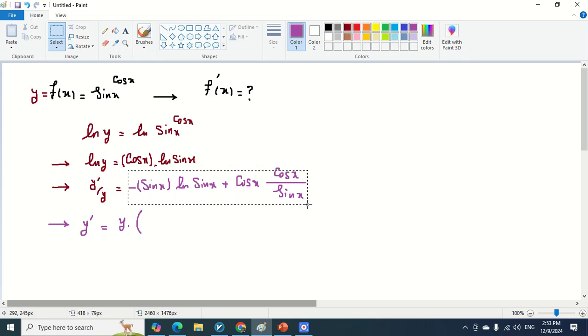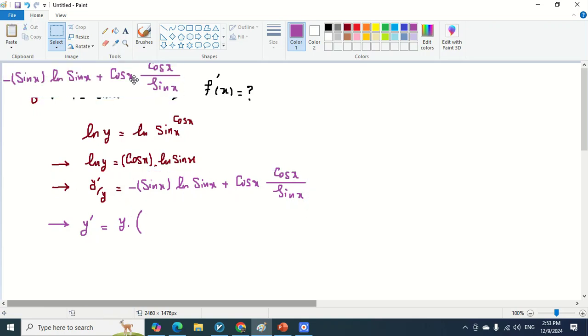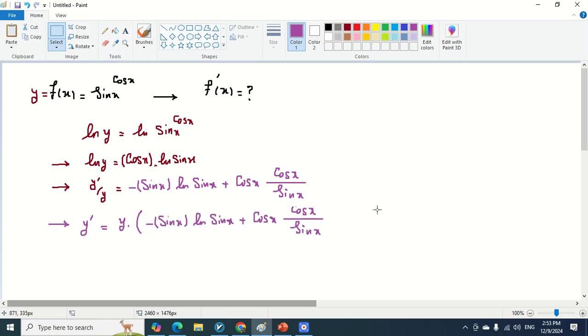So if I just grab it over here and put it over there, then we have this calculation. At the end of the day we can find y prime, and y prime will be equal to the value of y, and y is given by sine x to the power of cosine x at the beginning.